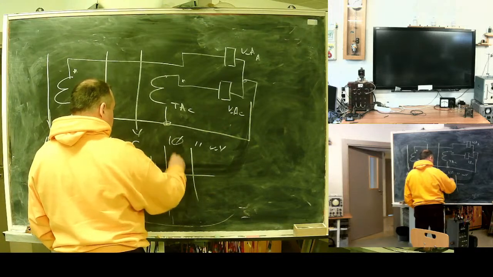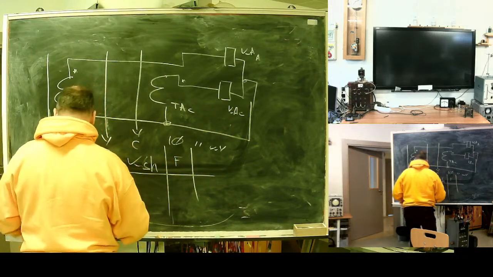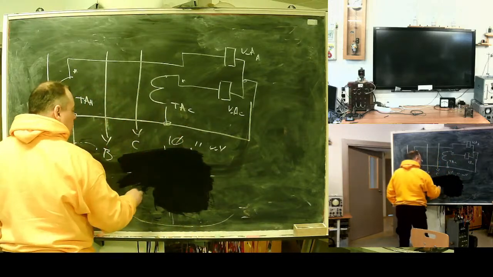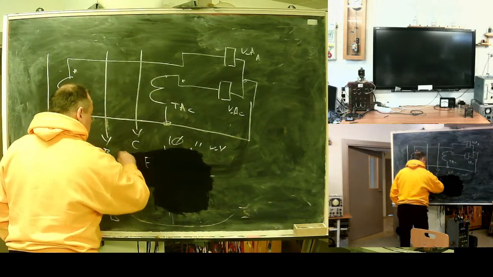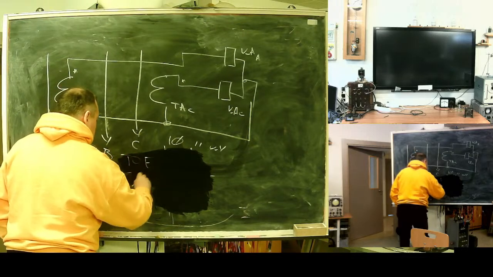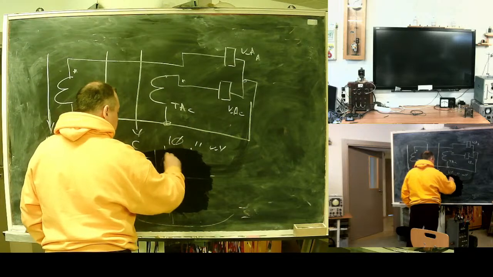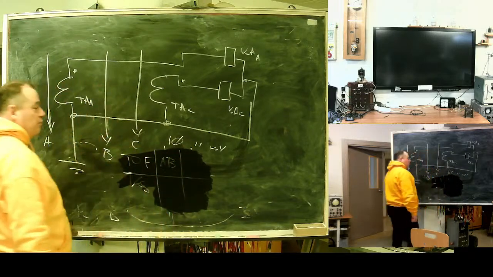Fault. What? No, it will be a table. Type of fault. Schematics coefficient. AB. What will be the schematics coefficient?